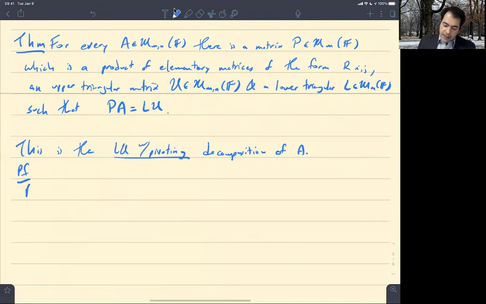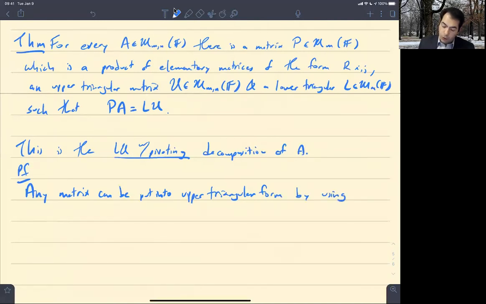Well, any matrix can be put into upper triangular form by using row operations of type 1 and 3. So type R1 and R3.